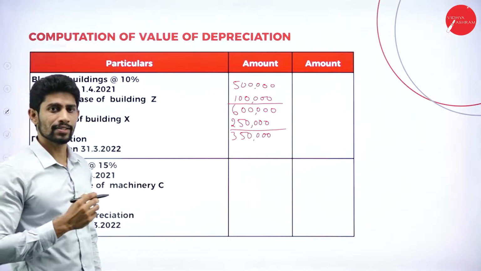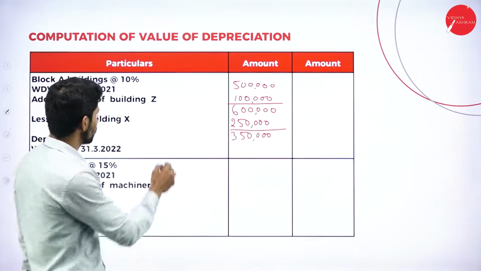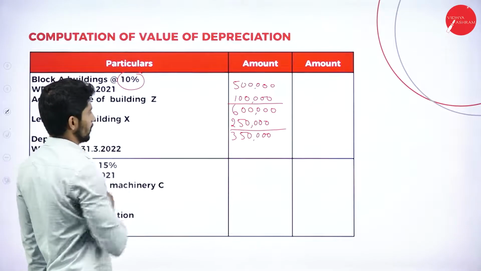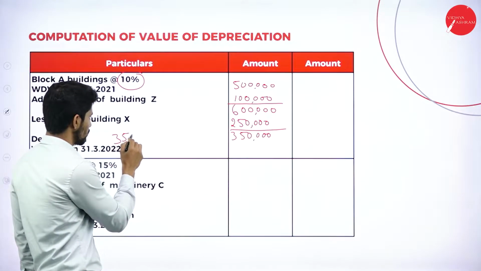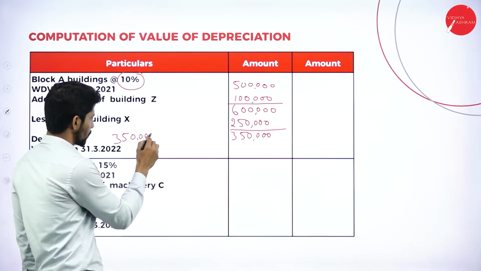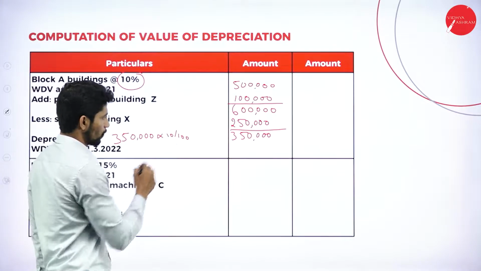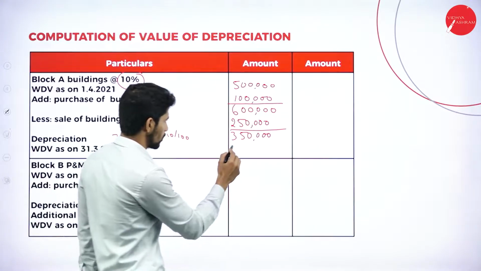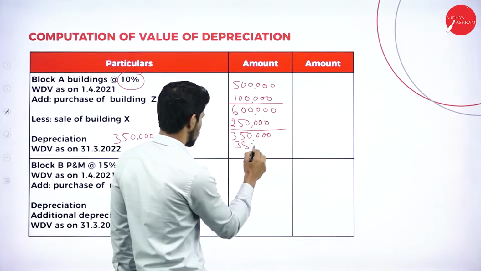So on that balance, we are supposed to find out the depreciation at the rate of 10%. So 3,50,000 into 10%. So what is the value you will get? You will get rupees 35,000.